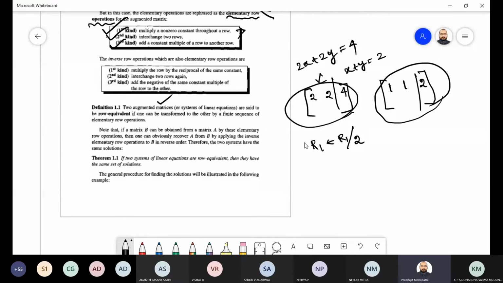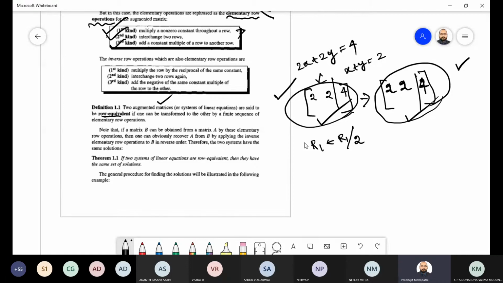So if from one set of equation you are having another set of equation and they are looking exactly same, that means row equivalent means row to row exactly same. By doing the row operation, if you are getting the exactly same. Otherwise, if you are having one set of equation like this, and another set like this, and you multiply the second equation by 2, then you will have the first set of equation. So both are exactly same only.